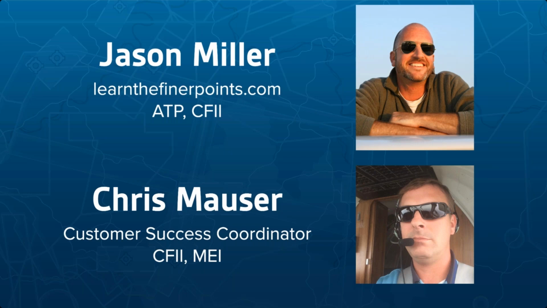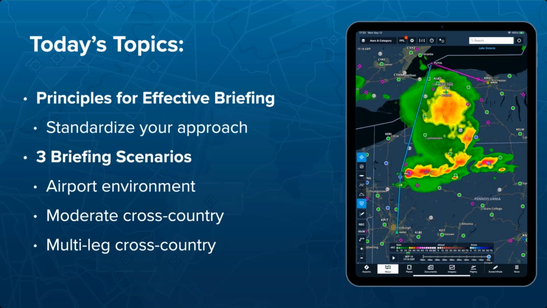So our agenda for today is going to start with Jason providing his principles for effective briefings. And just to kind of spoiler alert here, the basic aspect of it is to standardize your approach. And so that's a really key point that he's going to spend some time talking about.